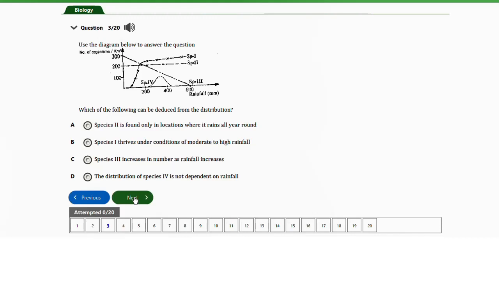You see that species I was increasing and increasing up to the point where you have moderate to high rainfall, and they are actually the greatest in number within the range of moderate to high rainfall. So the answer to this question is option B.